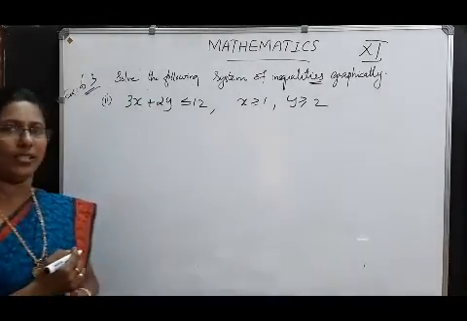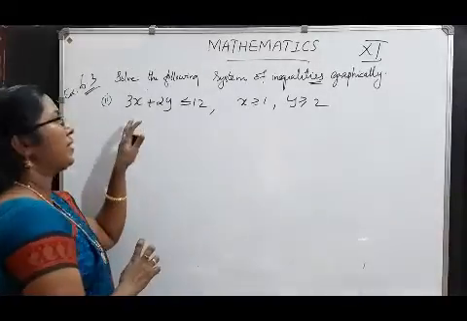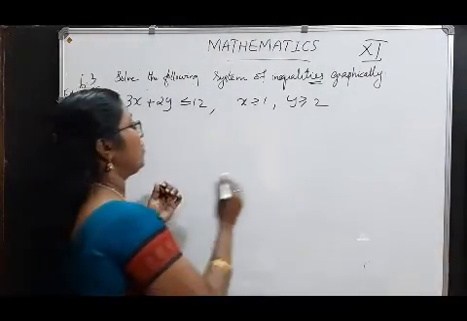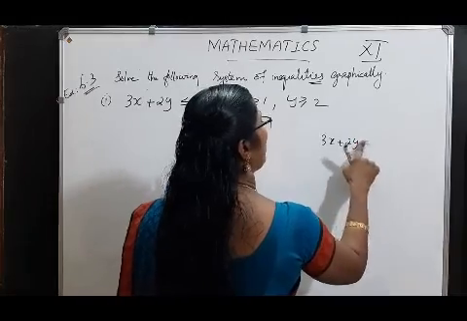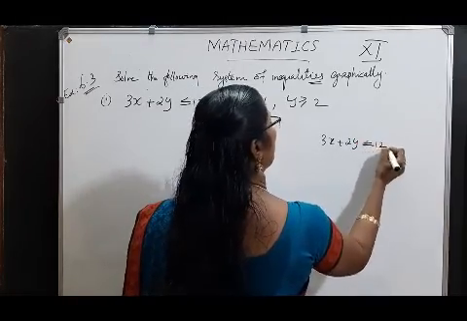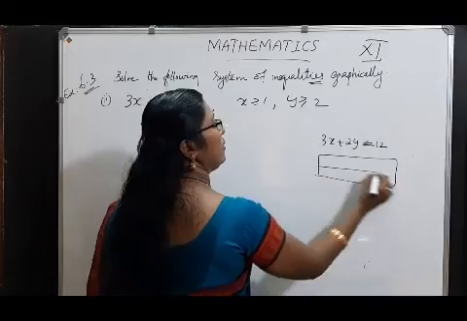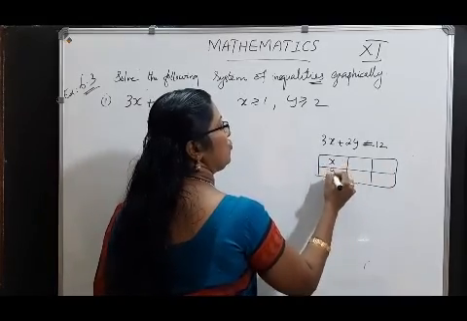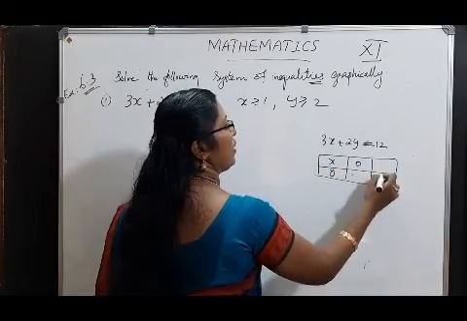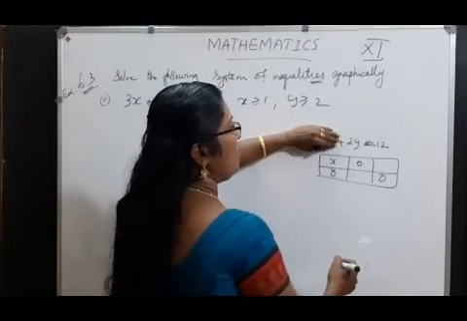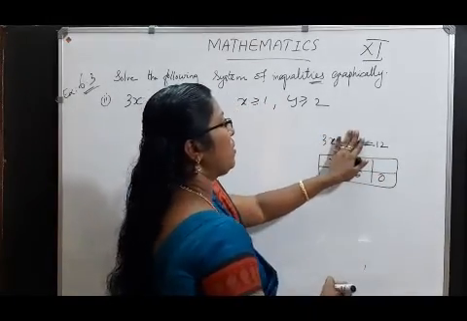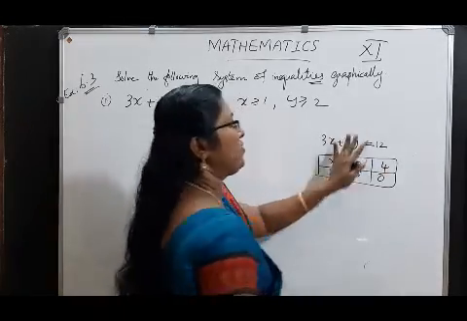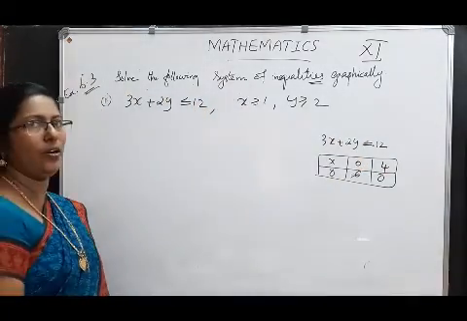Here there are 3 inequalities. First of all, find the points on the first inequality, 3x plus 2y less than or equal to 12. So write equal to 12. When x is 0, y value is 6. When y is 0, x value is 4.